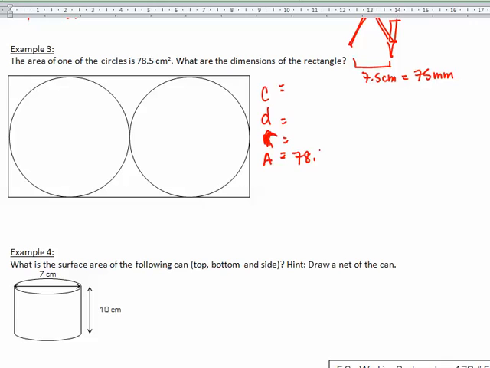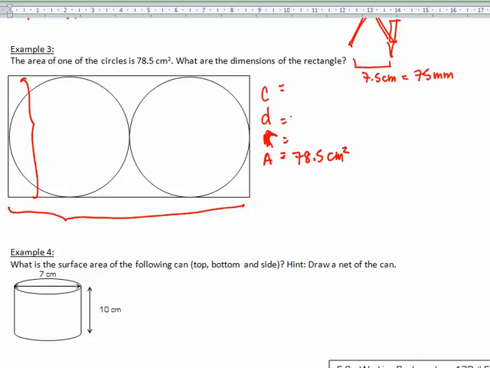How is the rectangle related to the circles? This full length here is 2 full diameters. So once I have the diameter or even the radius, I'll be able to find that. And the height of this rectangle is 1 full diameter of this circle.